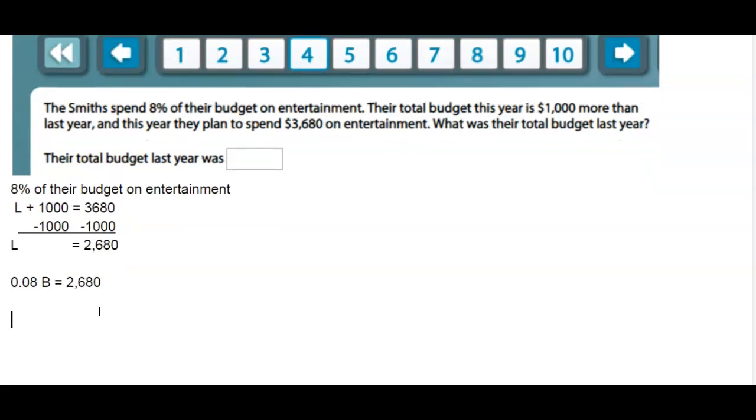Okay, so now what do I want to do? I want to leave the B alone. So I'm going to divide both sides by 0.08. Whatever I do to one side, I have to do to the other side. And remember, I'm dividing, so I put the fraction bar.